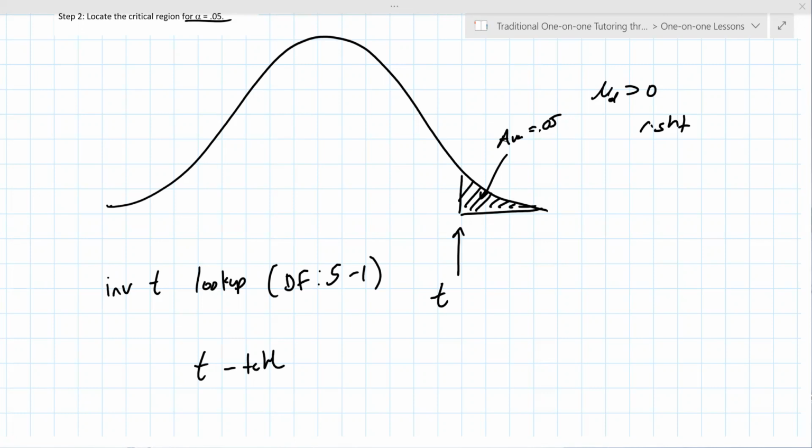Let me get the inverse t for 0.05 with 4. Yeah, so I get 2.132. Okay, yeah.